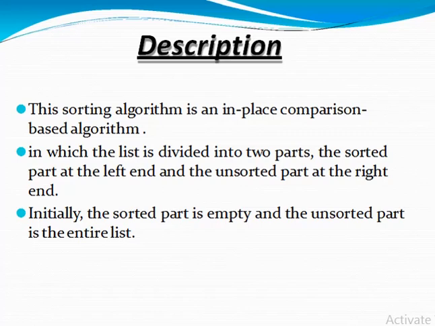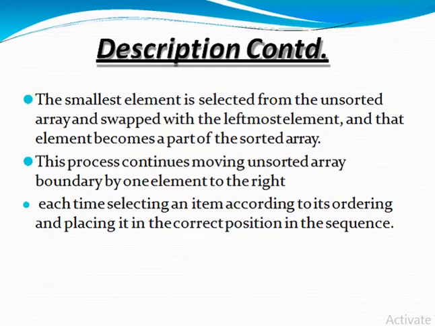This process continues moving the unsorted array boundary by one element to the right. This algorithm has a drawback: it is not suitable for large data sets, as its average and worst case complexities are both order of n square, where n is the number of elements.